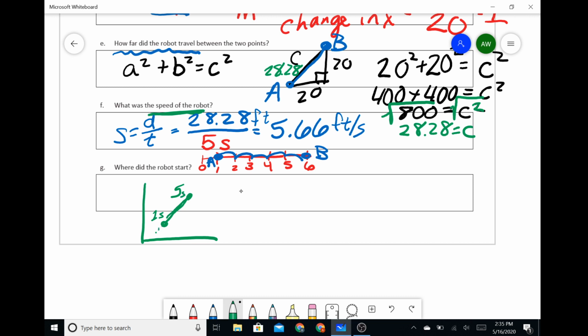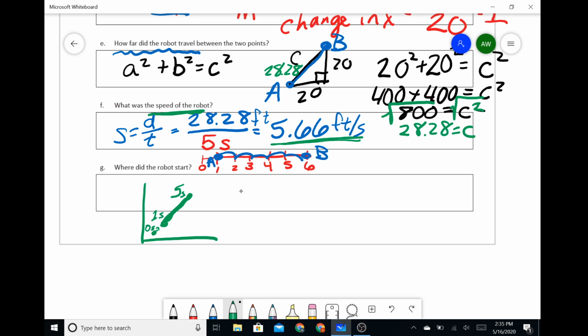But where was our 0 seconds place, right? So the tricky thing about this is with the information we currently have and with the speed we currently have, that 5.66 feet per second, that's in that diagonal direction, right? So if we wanted to go backwards, we would have to go backwards in that diagonal direction. And that would be tricky. That's all I'll say, is it's tricky.